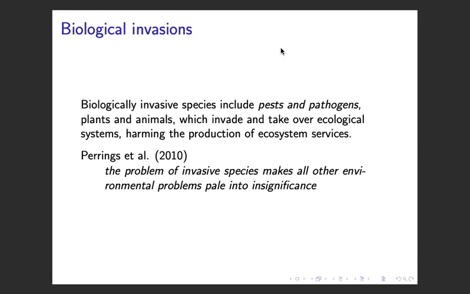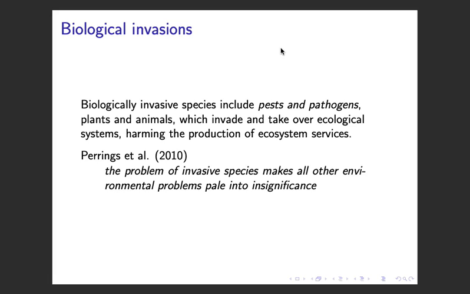Coming to biological invasions, what do we mean by this? Biologically invasive species include pests and pathogens, so that includes the coronavirus, plants and animals which invade and take over ecological systems, harming the production of ecosystem services. Perrings et al. have said that the problem of invasive species makes all other environmental problems pale into insignificance.